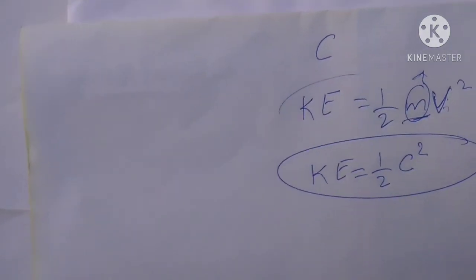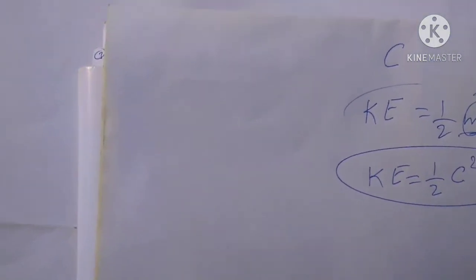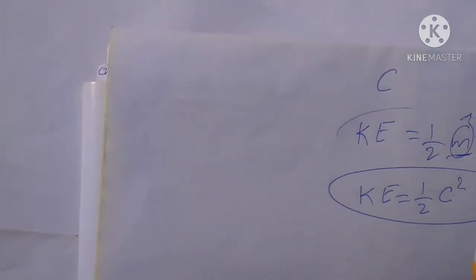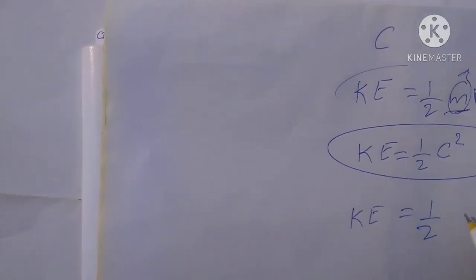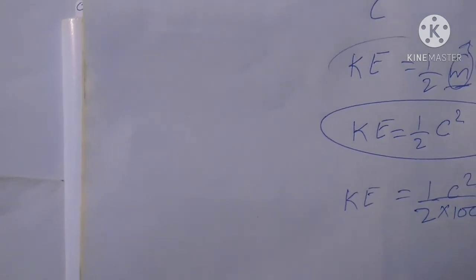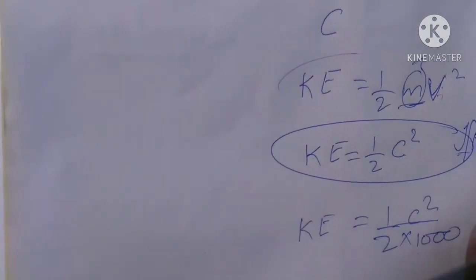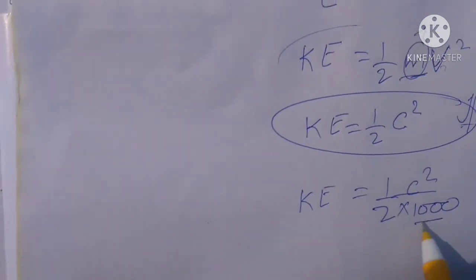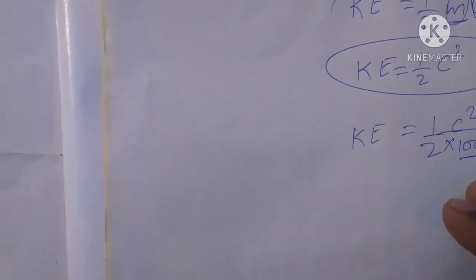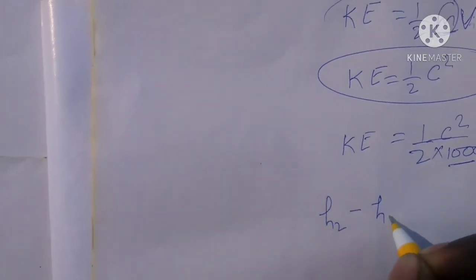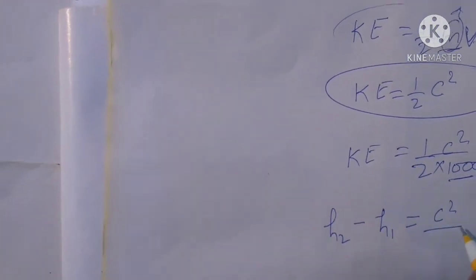This is in joule per kg; to get kilojoule per kg, divide c squared by 1000. So for the energy equation, H2 minus H1 equals c squared divided by 2000.